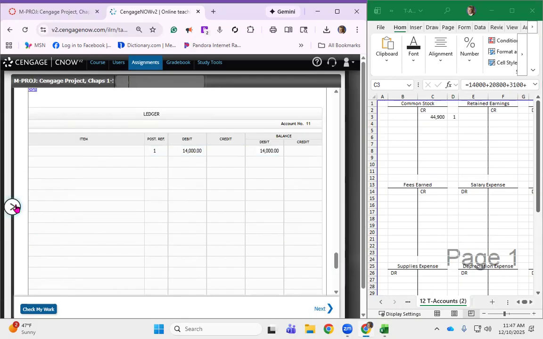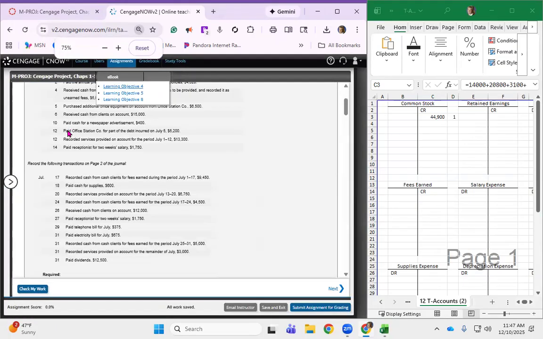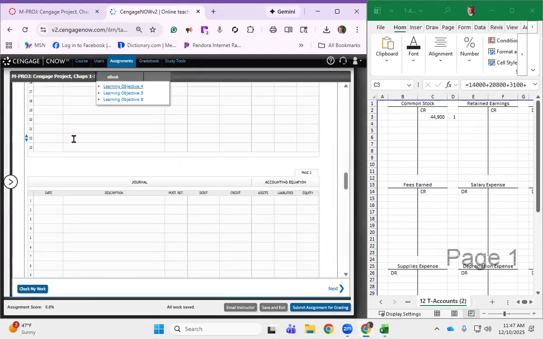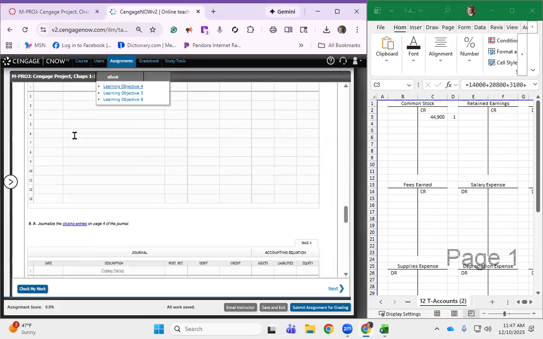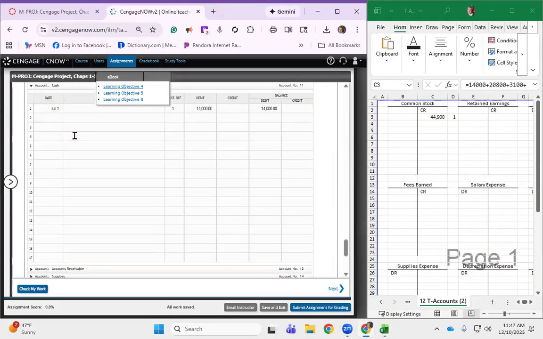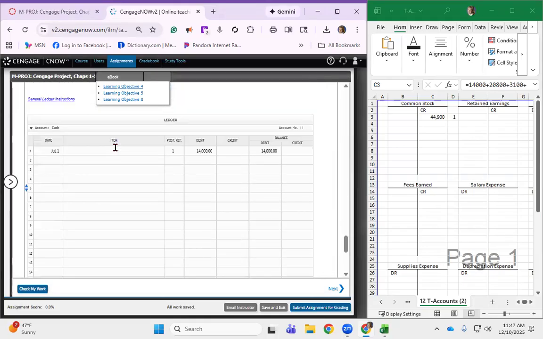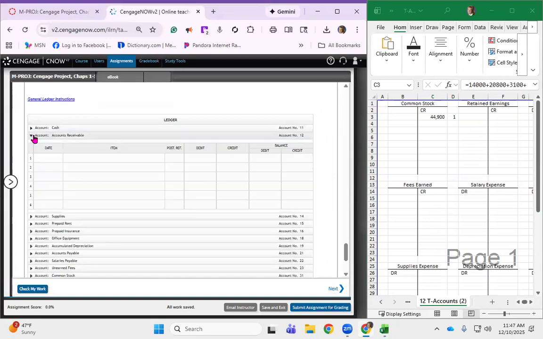Now I'm going to close this, and I'm going to make this smaller. Hang on. Yep, so we can see it. We've got cash open. Now that we're done with cash, I would close it so you don't put something in the wrong spot.